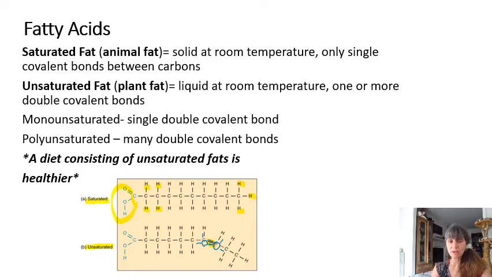However, the double bond means that there are not as many possible hydrogen atoms in an unsaturated fatty acid as there are in a saturated fatty acid. Saturated fatty acids are saturated with hydrogen. Normally, when people eat unsaturated fats, that's considered a much healthier diet.